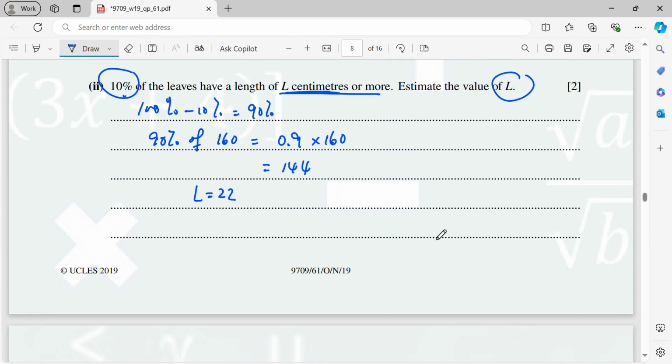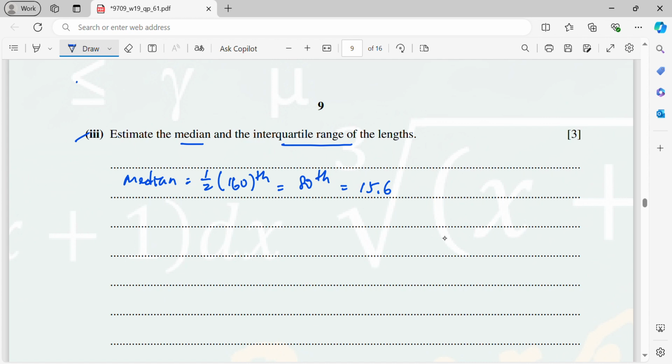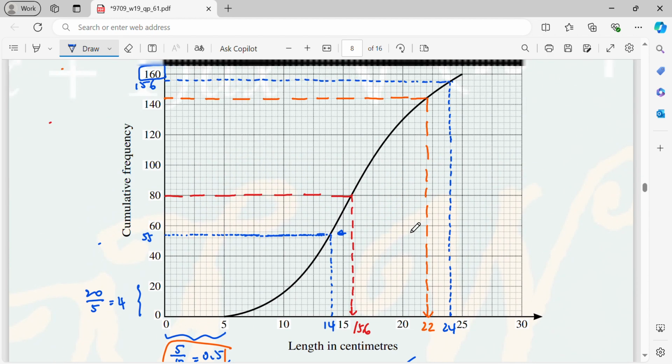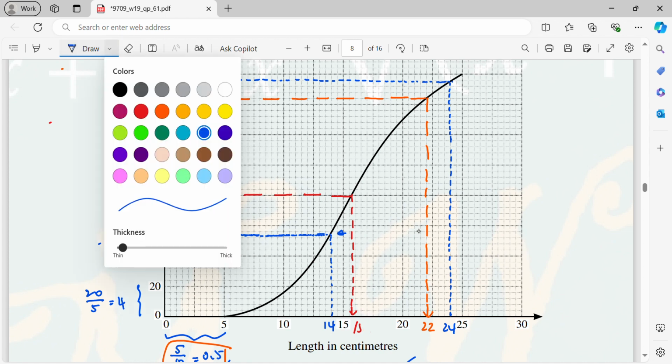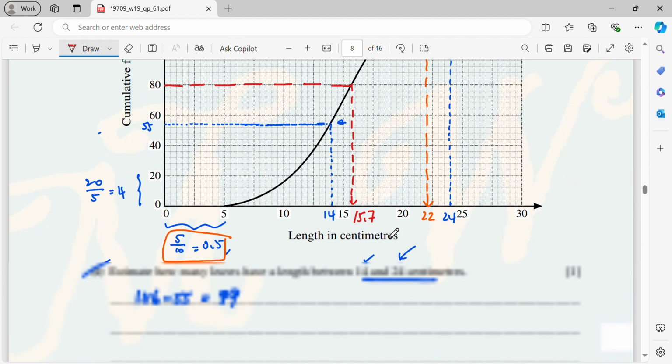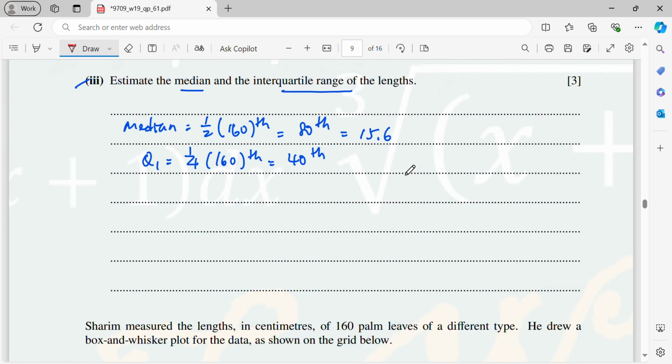Then my interquartile range, I need to get my Q1. Q1 is 1/4 of 160. That is going to be the 40th, right? So now here, let me check whether it's correct or not. It is in the middle, probably middle of that. I will say 15.7, and then it will be more accurate. Okay, because it's in the middle. So 15.7 for the median, sorry, for the median.